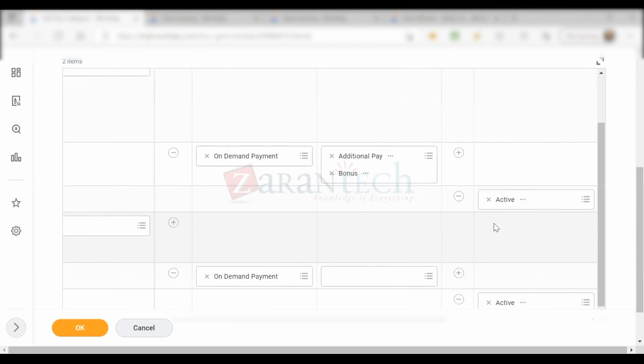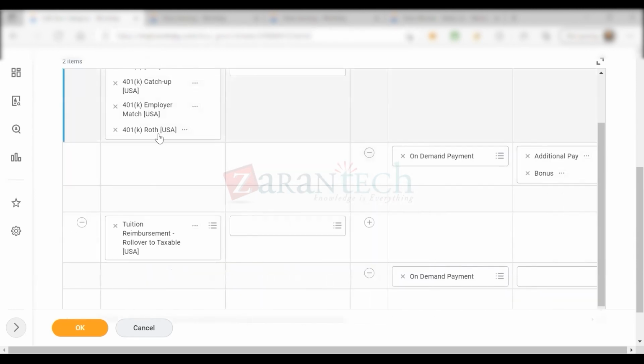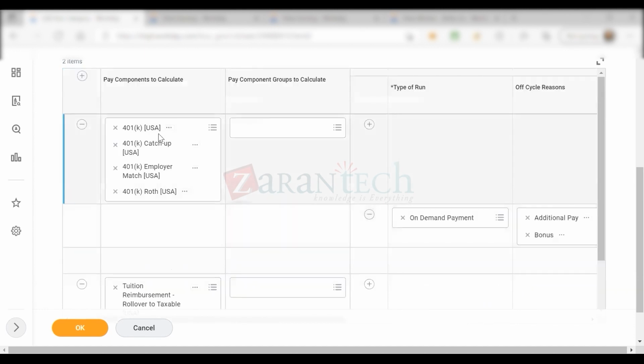And why are only deductions there? You may ask me the question that, okay, only deductions are there. Why is there no earning? If there is no earning, how will the deduction come out? Just think about it. When you are processing off cycle, do you expect anything to become automatic? Because in what scenario do we process off cycle?